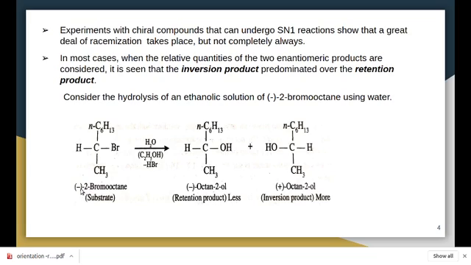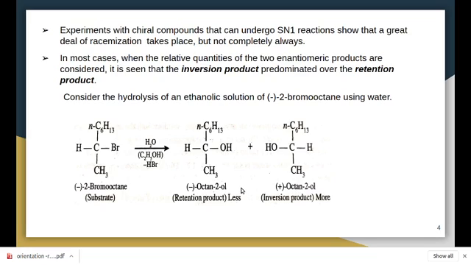So if we get all the products with negative rotation, that is the retention product, but here usually we expect a racemic mixture, while in the hydrolysis of 2-bromooctane we get more inversion product.